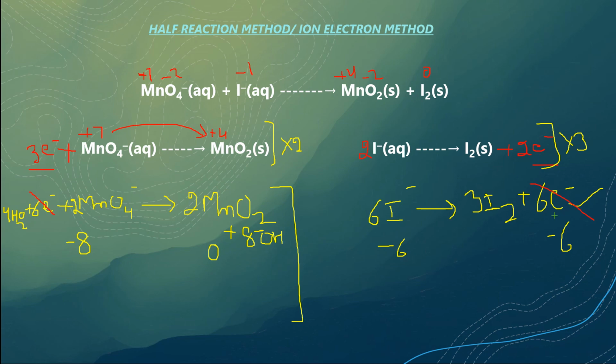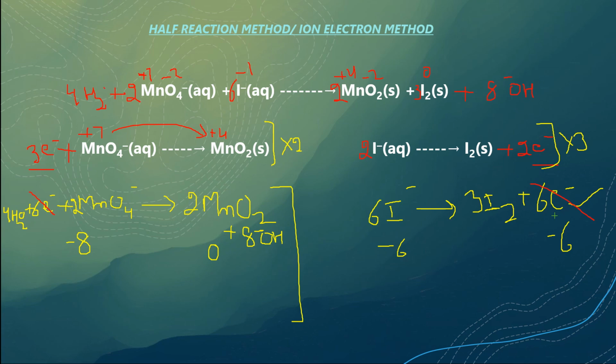So my balanced equation is going to be 2MnO4 minus plus 6I minus gives 2MnO2 plus 3I2. After adding, you will get this. And on the right hand side, we have added 8 OH minus. And on the left hand side, we added 4 water molecules.